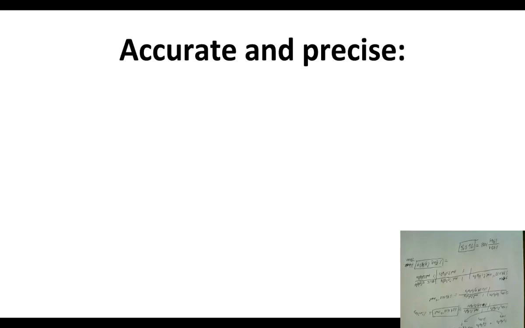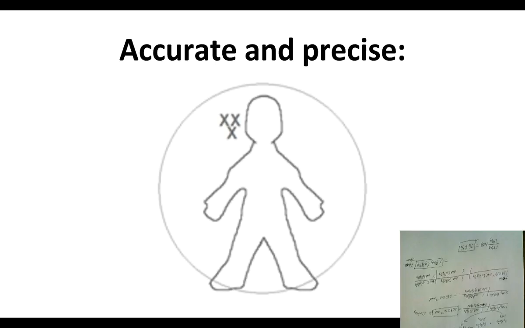Now, I like to use this little illustration. Okay, sometimes you can use targets or something like that. But let's suppose that you have a knife thrower. A knife thrower always has an assistant, right? So there's the assistant, and he stands up against a wall or something like that, or she, and then the knife thrower makes the throws. And in this case, they hit where the X is.